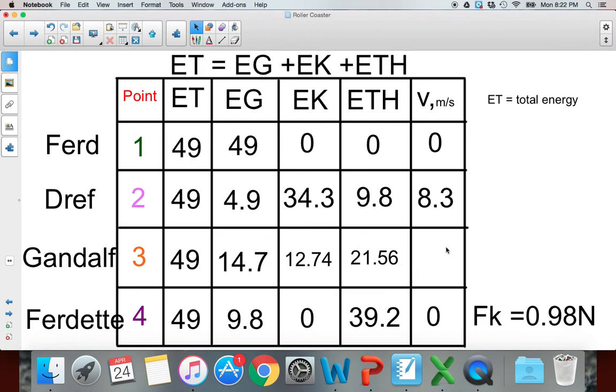And our speed was 5 meters per second. Okay, bingo, we did it.